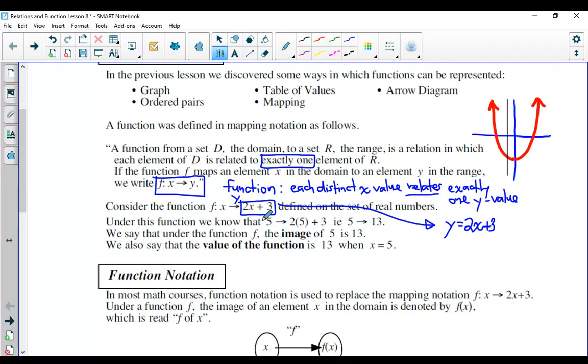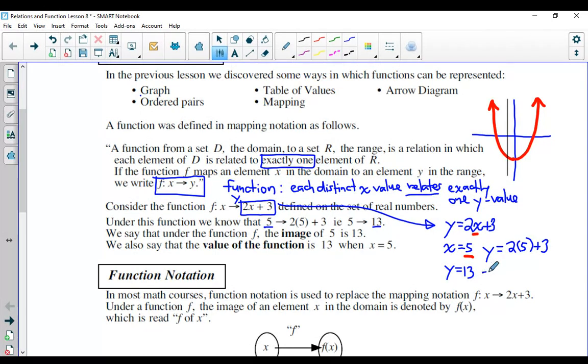It says under this function, we know that if x is 5, then y would be 13. We can very quickly confirm that. If x is 5, I plug it in right here, and I have y is equal to 2 times 5 plus 3. 2 times 5 is 10, plus 3 would be 13.